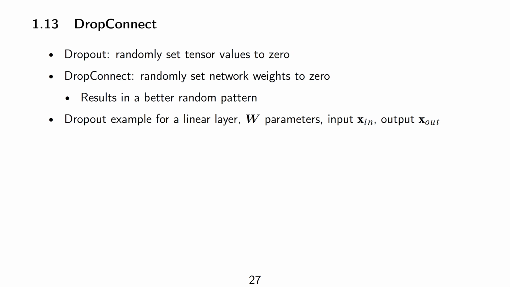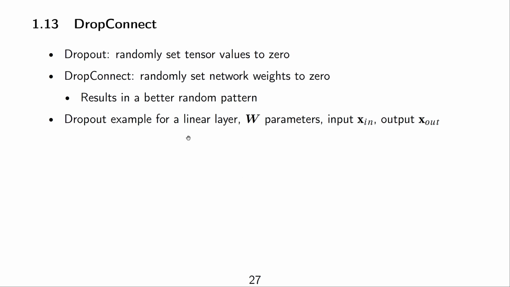But when this tensor is passed on to the next layer, and one value has been set to 0, it will be a 0 input for all values that will use it. DropConnect actually doesn't set tensor values to 0, but sets network weights to 0. This results in a better random pattern, as we'll see in the following.